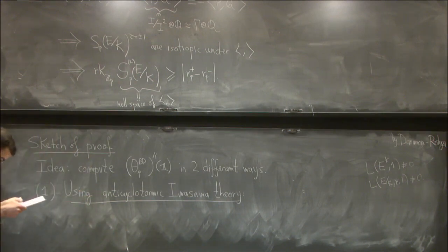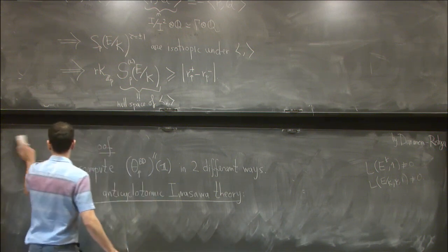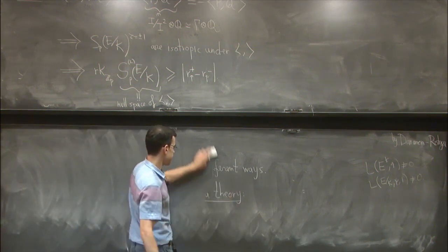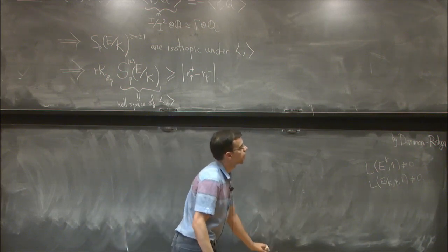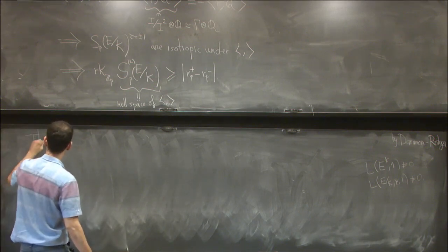So, I'm almost out of time. I'm just erasing, but the way we're going to get our main result is computing the second derivative in two different ways. Going back to our situation, where we're assuming this to vanish to order 2, we get the following.